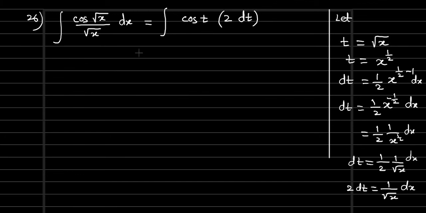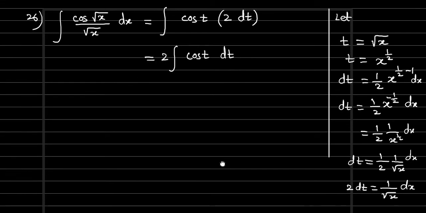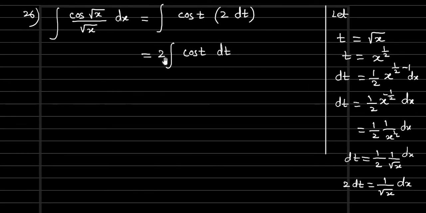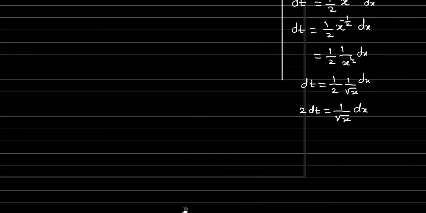2 is constant, so this constant we can take outside. So 2 integral cos t dt. Now we got it in the standard form. So integral cos x, integration is what? Integral cos x is sin x. So we have a standard form: integral cos x dx is sin x plus c.